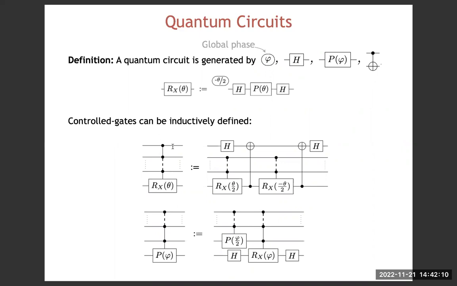We can define control gates, multi-control gates, inductively like this. There are several ways to define the multi-control gate. Here we choose a standard one, I think it's from the Barenco et al. paper. So we have an inductive definition of control gates. This is what is important.